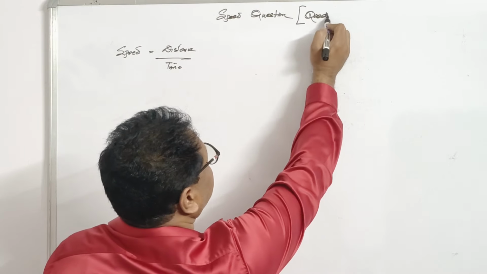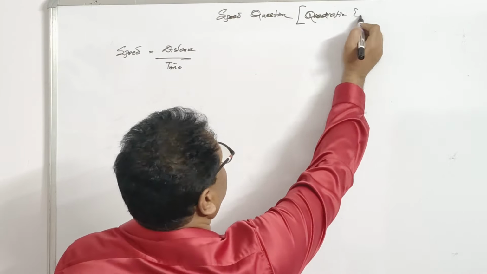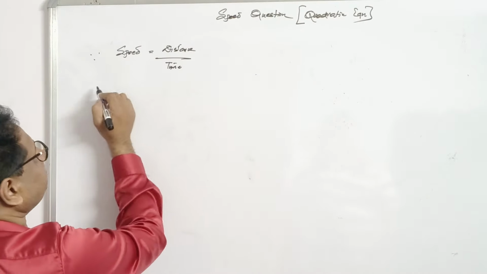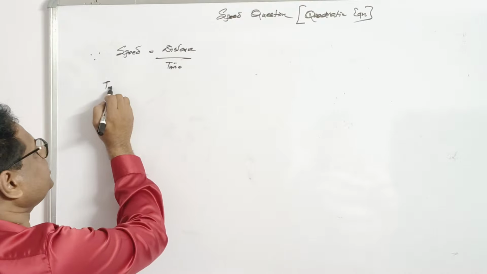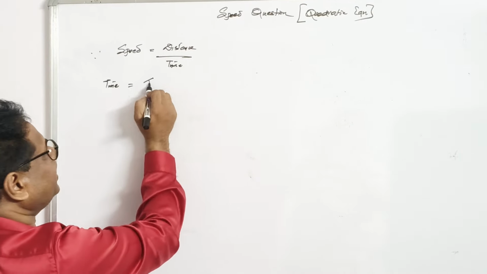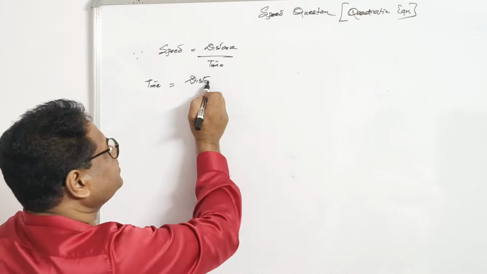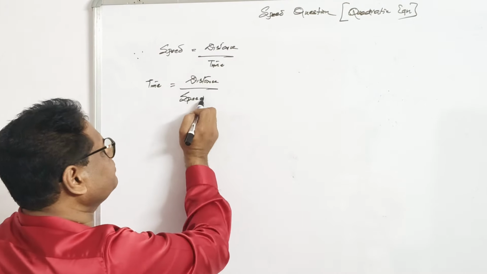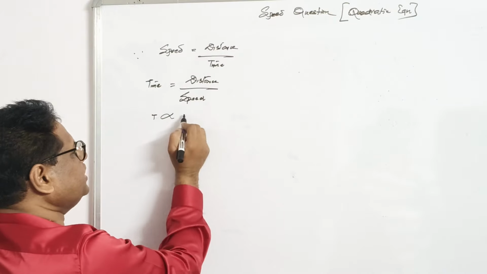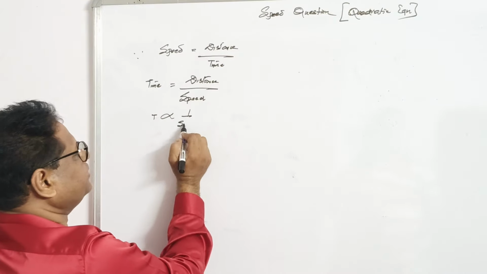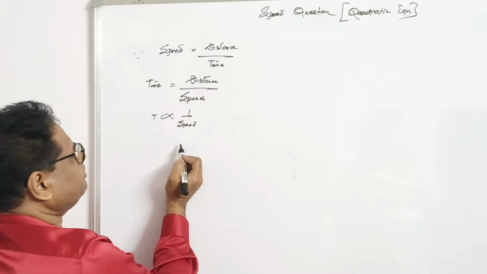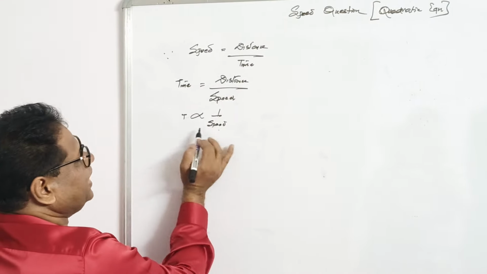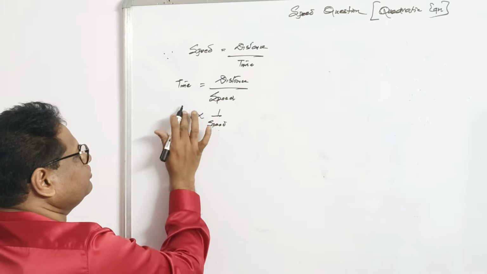Okay, now since speed is distance by time, we can express time as distance by speed. So you can see that time is inversely proportional to speed, right? That means if the speed increases, the time will be reduced, and if speed decreases, time will be more.